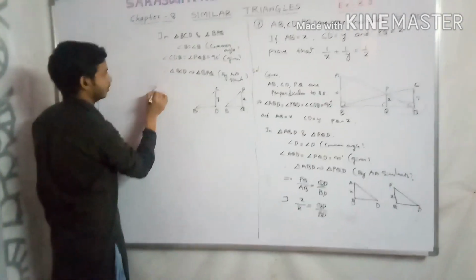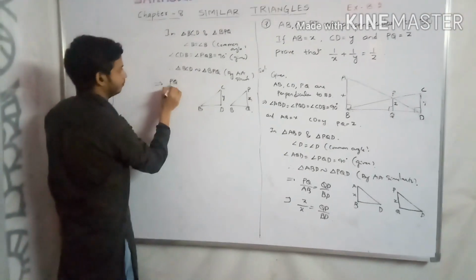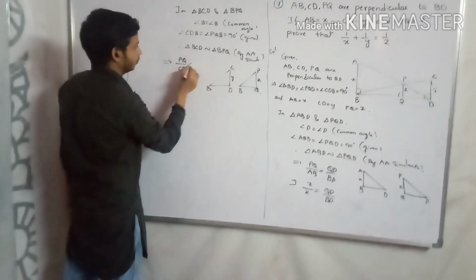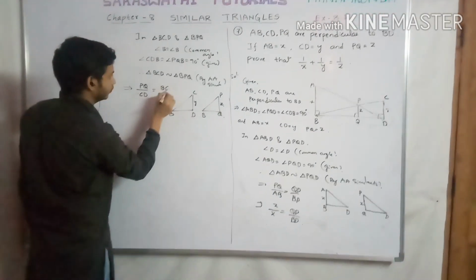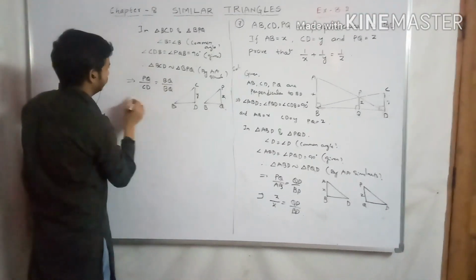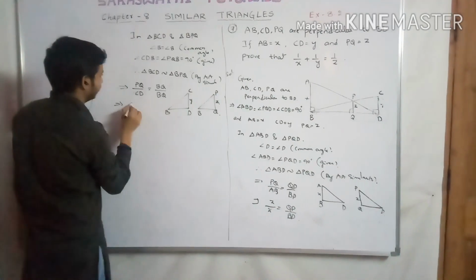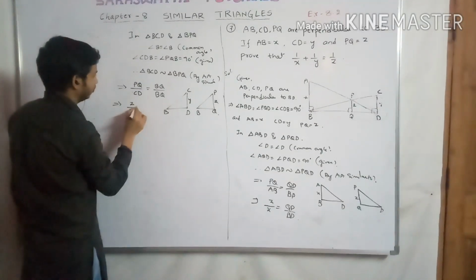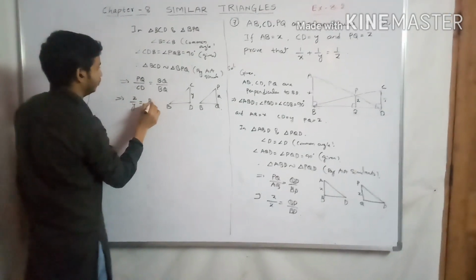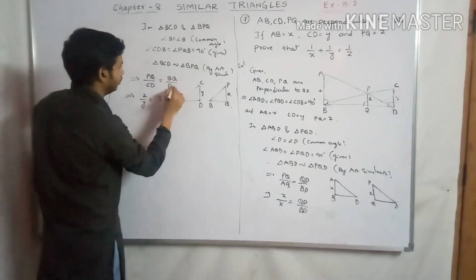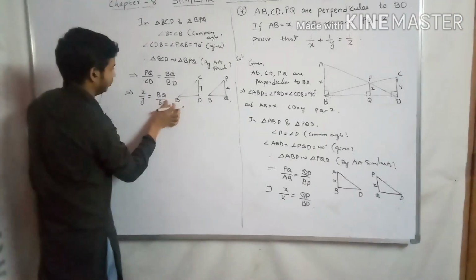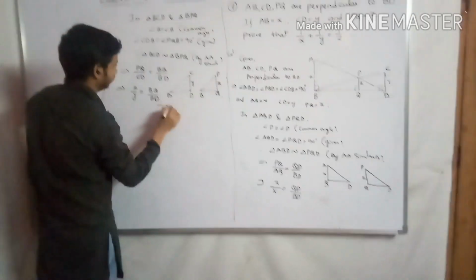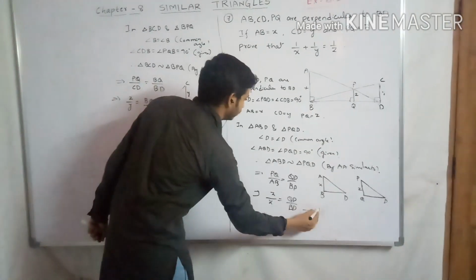So PQ value is Z, CD value is Y, so Z by Y equal to BQ by BD. Consider this as the second equation and the earlier one as the first equation.